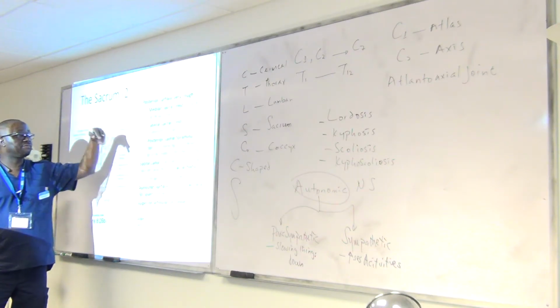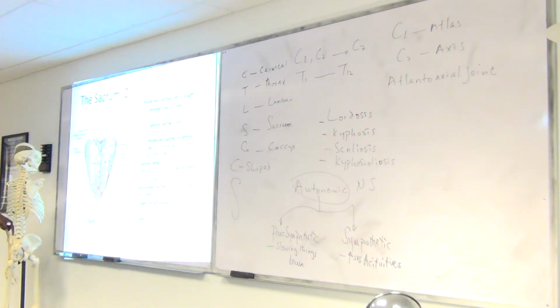The sacral canal runs vertically through the sacrum, and it is the continuation of the vertebral canal downwards. Okay? All right, so it contains what we call the spinal roots, which means the tapered end of the spinal nerves. Okay? So that's just the main thing.